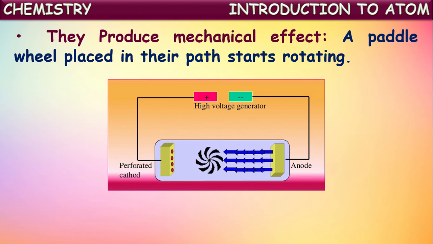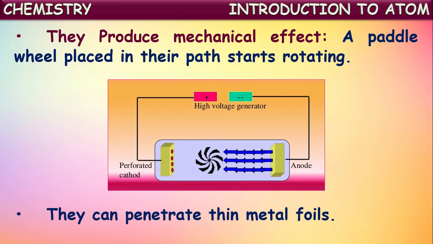If a light paddle wheel is placed in the path of these anode rays, it starts rotating. This proves that these anode rays create mechanical effects.